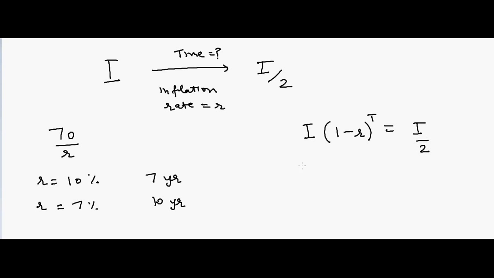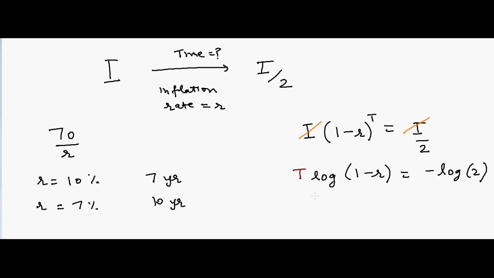So in that case, if we solve this equation, then the I would cancel out, and we will have T times log of 1 minus R is equal to minus log of 2, right?